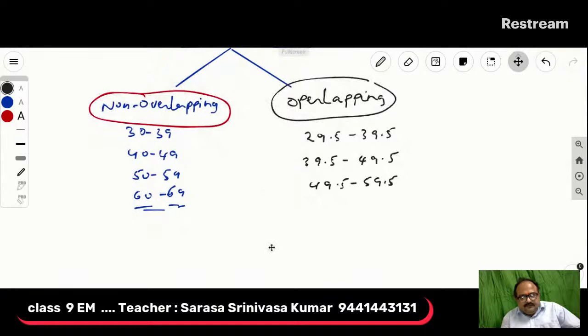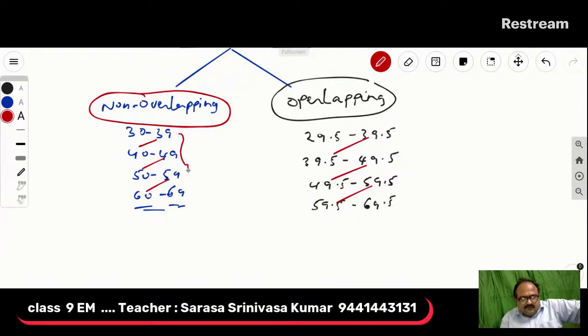In this particular example only, I am writing next 59.5 to 69.5. That means here what you have to observe is these two are the same. Here these are not the same values. This is what you should remember. These are non-overlapping and these are overlapping.